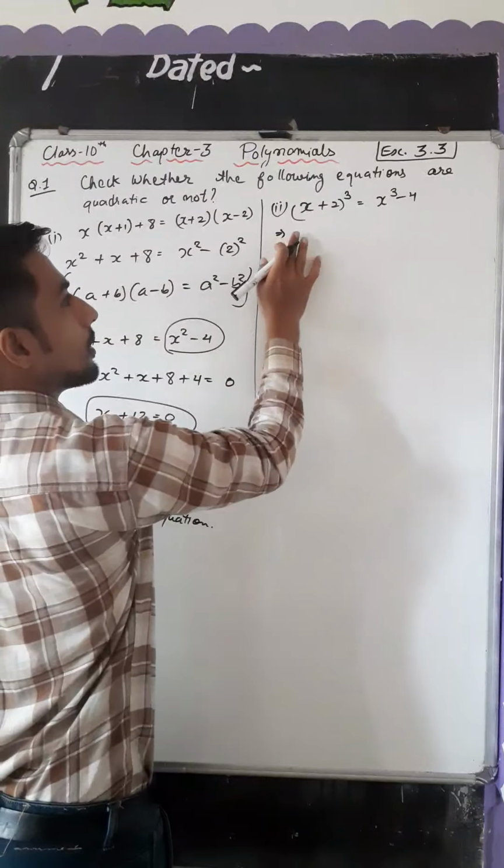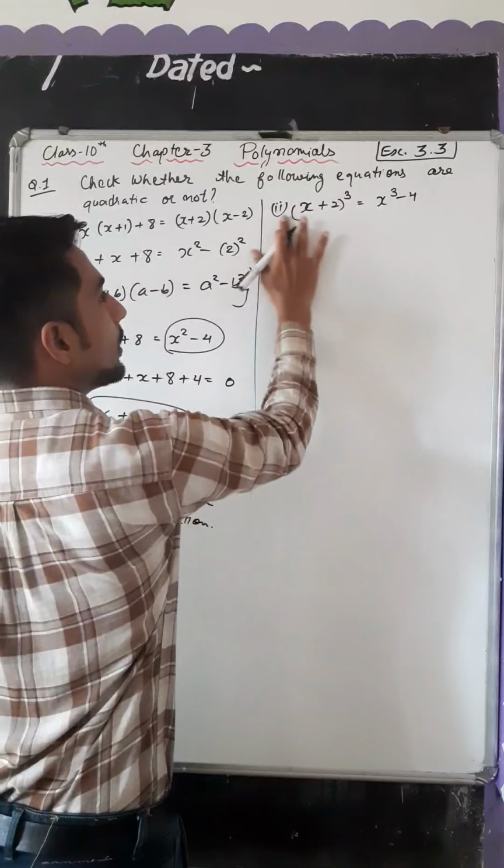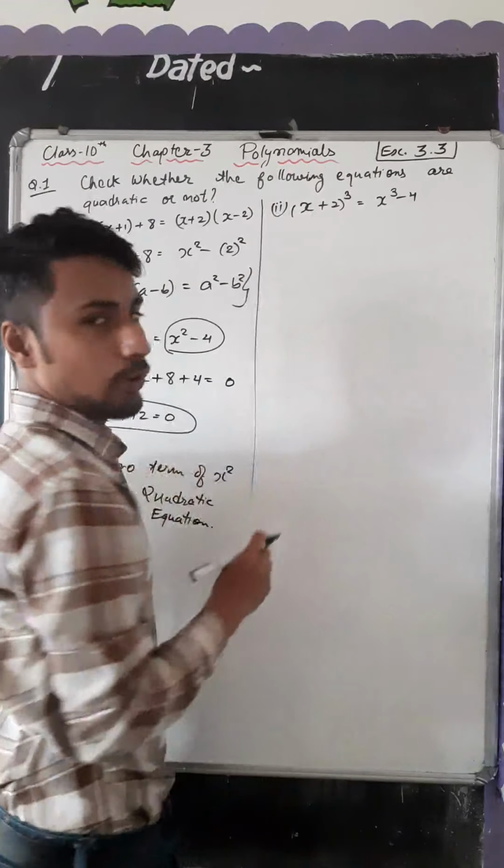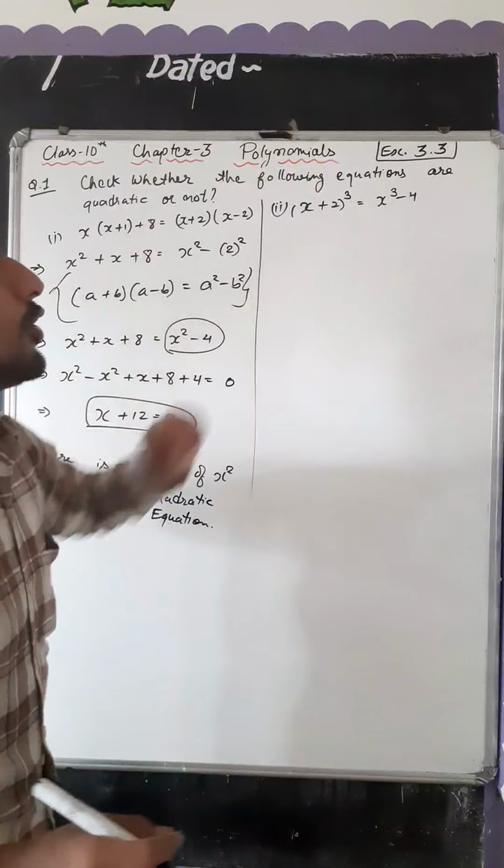Let's see the other one. If you see this, (x plus 2) whole cube, what is coming? Whole cube.